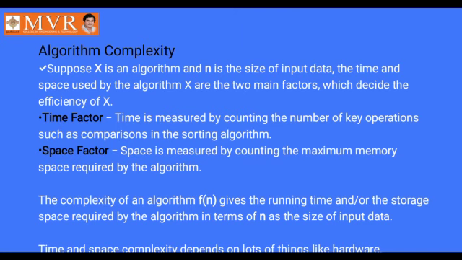Coming to space complexity, the amount of space required to store the variables used in the program is known as space complexity. So the time complexity gives the running time, and the space complexity gives the storage space.